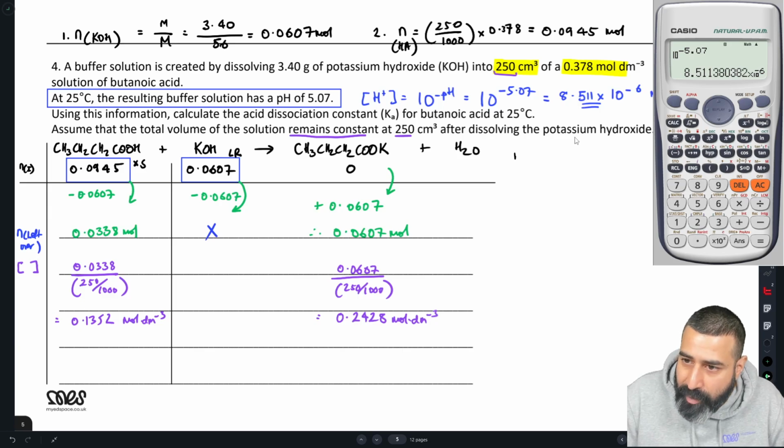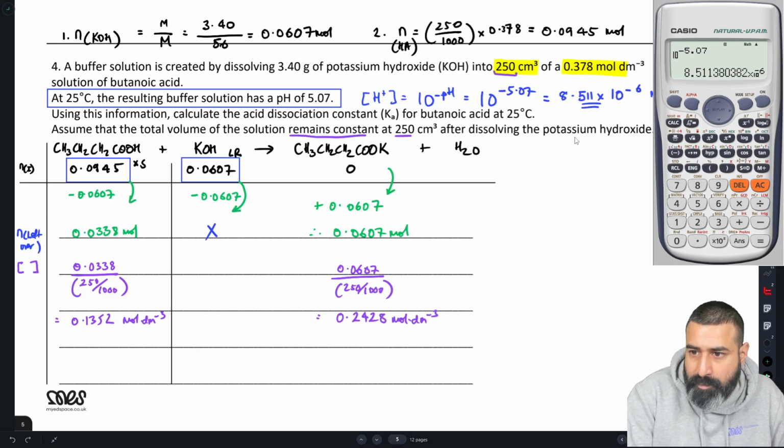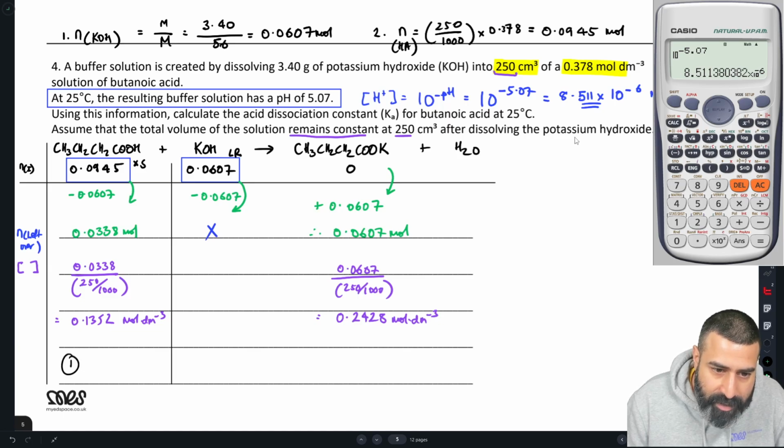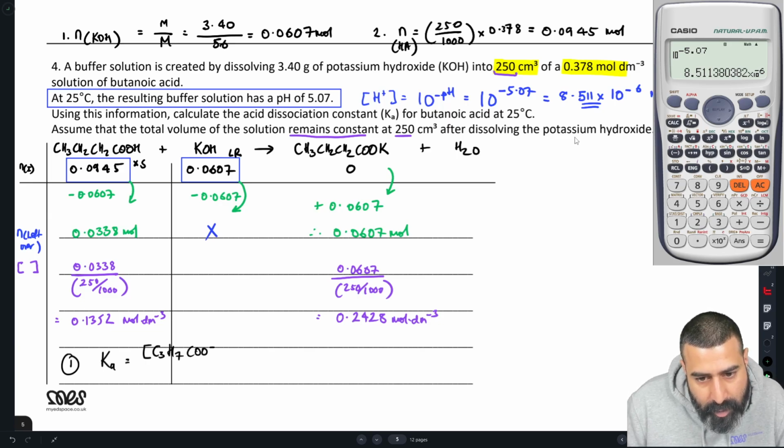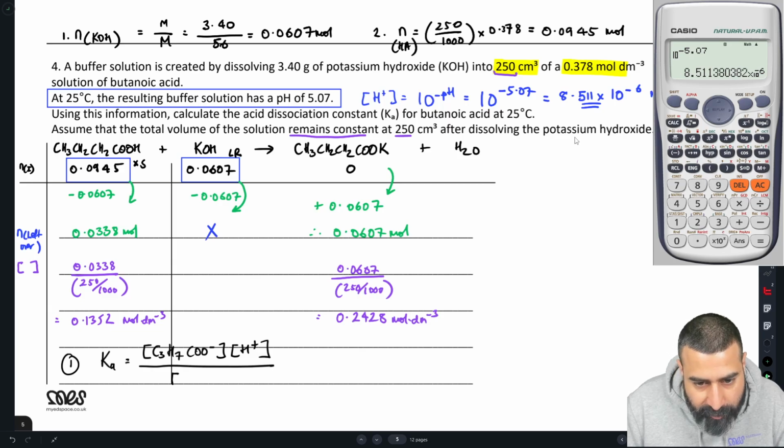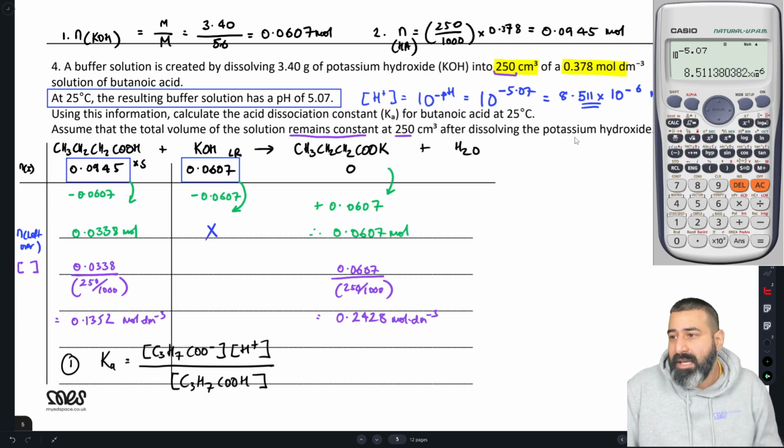Where do we go from here? So let's write out our expression for Ka for the weak acid. This is going to be C3H7COO minus times H plus, all over C3H7COOH. Okay, now let's think about what we know.